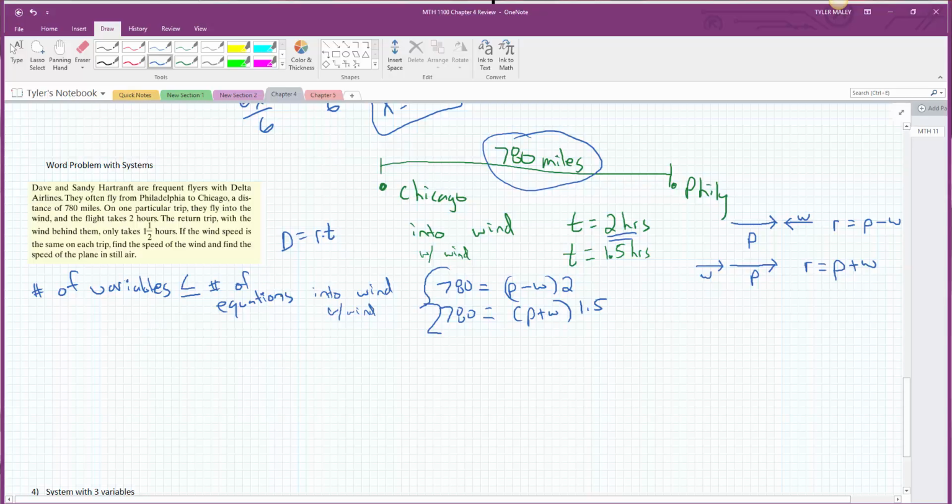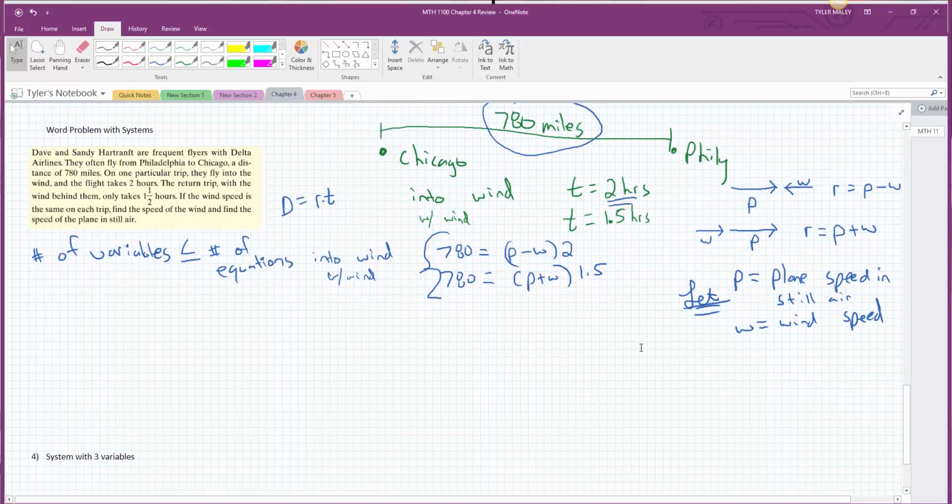So the number of variables tells us how many equations we need to come up with. So in this case, I only have two variables. I have p, which is my plane speed in still air, and w, which is my wind speed. So these are what my variables represent. And again, this step is very important also: identifying what my variables mean.